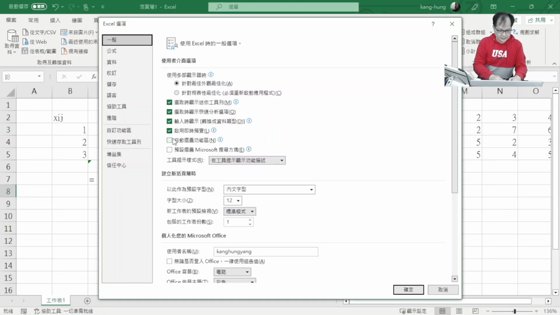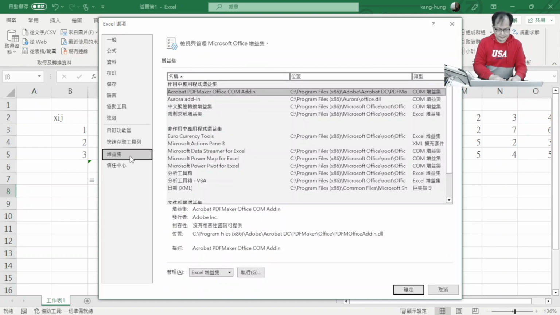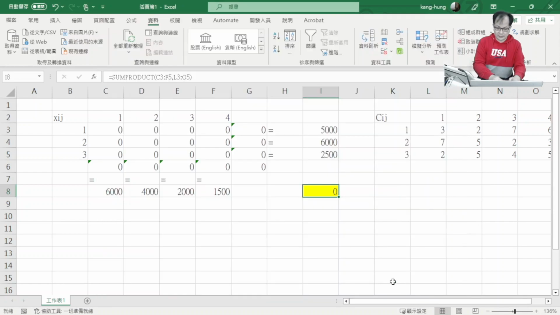Go to the option and go to the add-in and choose the Excel solver. Yeah, here. Sorry, it is in Chinese, but it means Excel solver. Then you enter, and you will find the Excel solver in the data tab here.